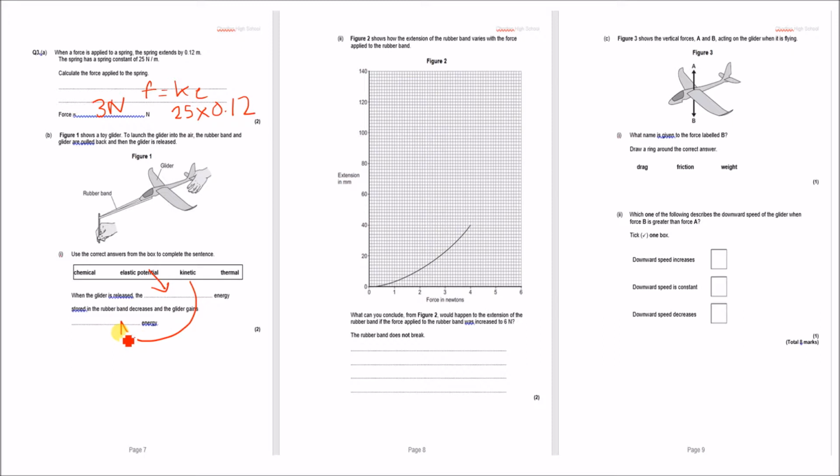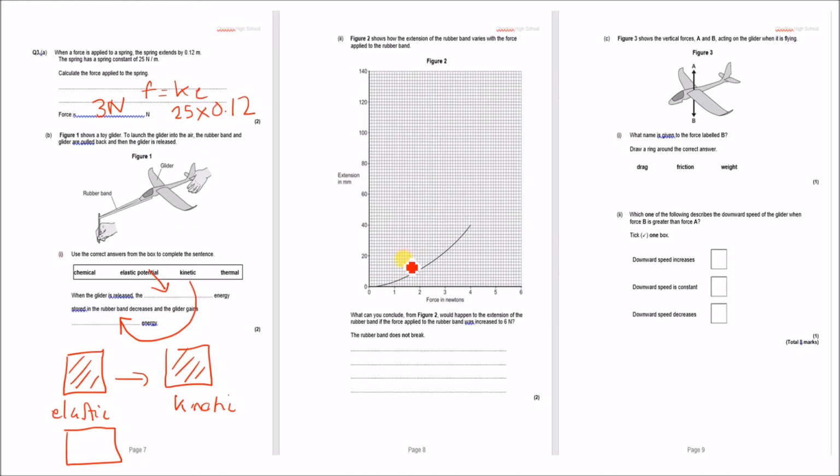So it's going to go into the kinetic store. So we're going to start off with lots in the elastic store and then that energy is going to be transferred into the kinetic store, and when we've done that, the elastic store will be empty. So we are transferring energy from the elastic store to the kinetic store, and there will be no energy left in the elastic store at the end, and all the energy will go into the kinetic store.